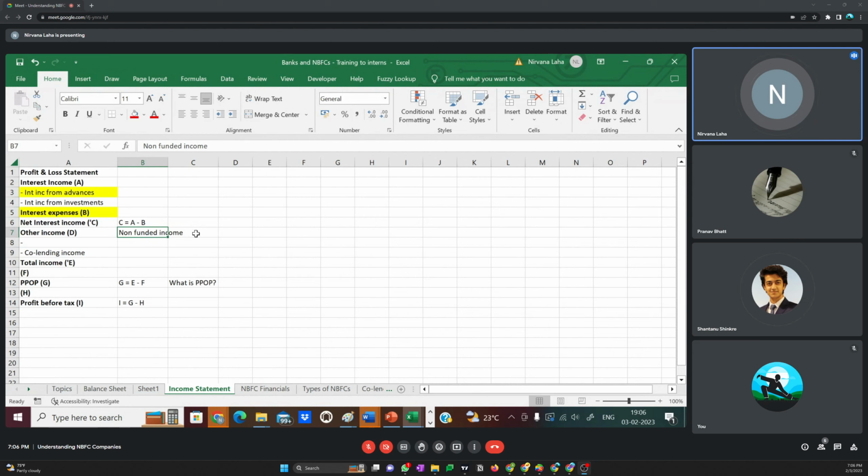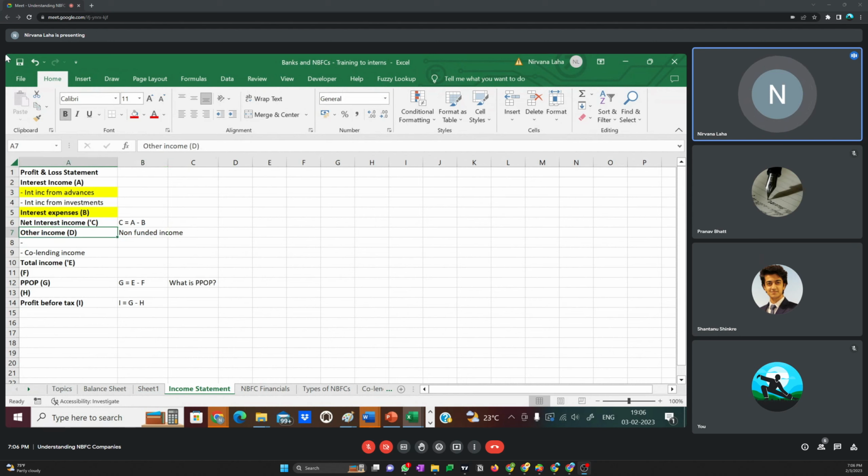If you're going to the bank for a loan, they will take a loan processing fee from you. Brokerage is also included. If a bank has a brokerage, then brokerage income. So all of these things come under other income.